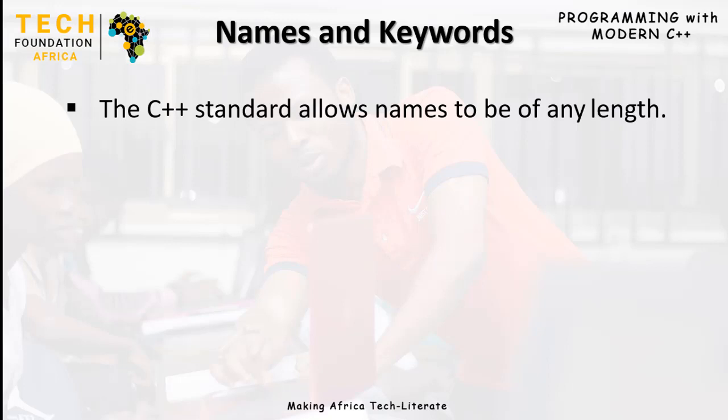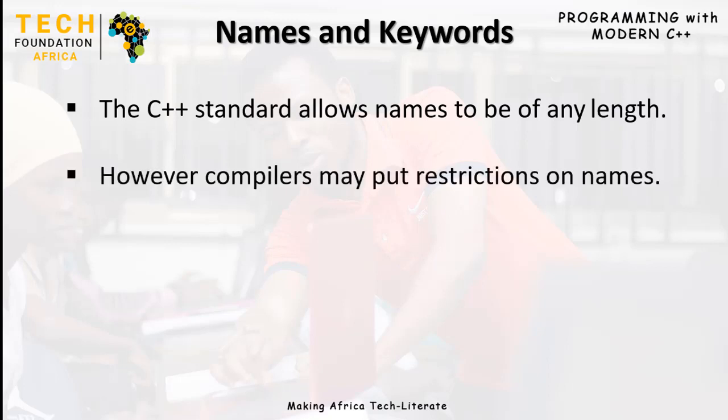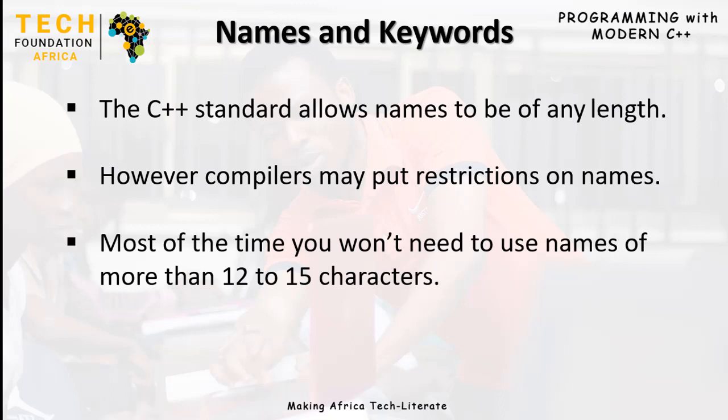C++ does not place a limit on the length of the names that you select, but your compiler may put a constraint on it. Is that okay? And most of the time you won't actually need to use names of more than 12 to 15 characters. Come on, if you are creating variables and you are writing sentences as names of variables, typing is going to be an issue for you. Okay, so usually you keep it simple and sweet.